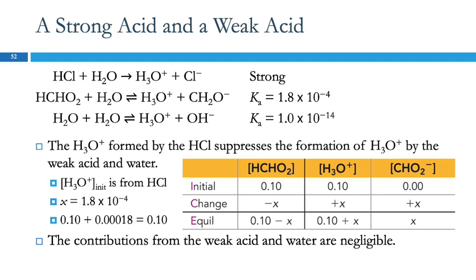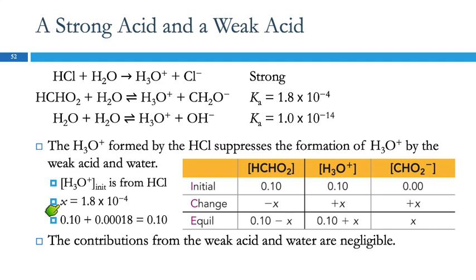So when we go to make the ICE table for the weak acid, the initial concentration of hydronium is not 0 anymore because of the strong acid. So the strong acid produces all this hydronium ion. That is now our starting point. So when we do the ICE table, things are going to come out a little bit differently.